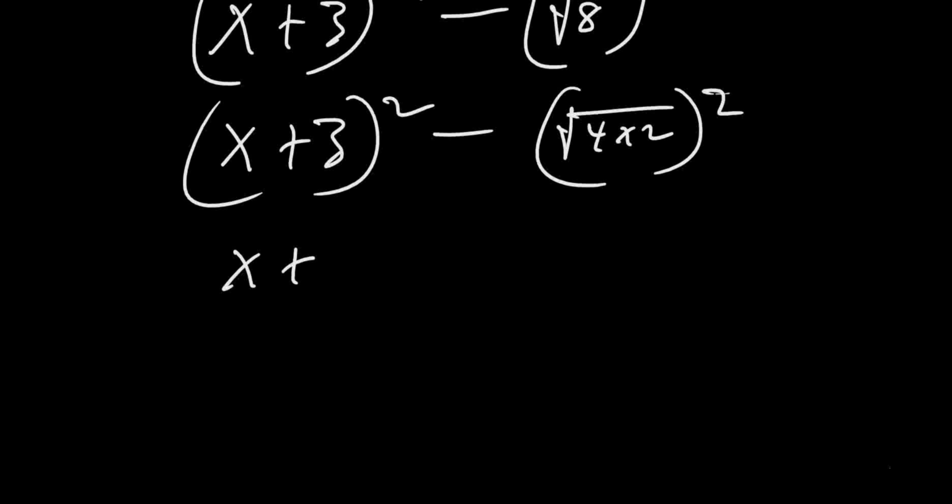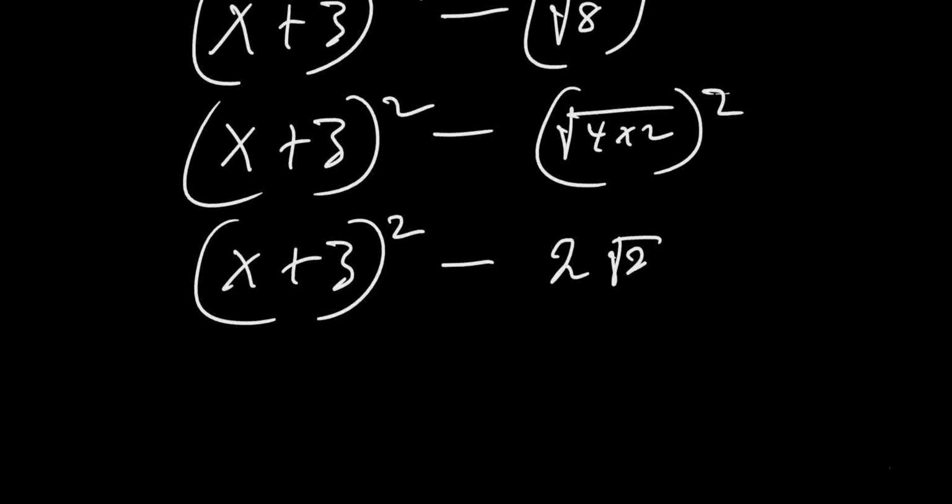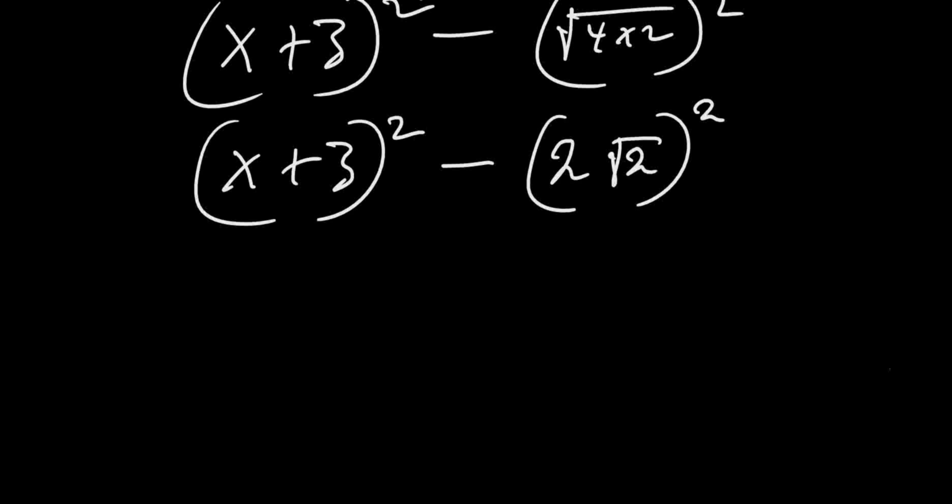So (x plus 3) squared minus (2 root 2) squared. So now we have a difference of squares, and we can simply take this back to the original question.